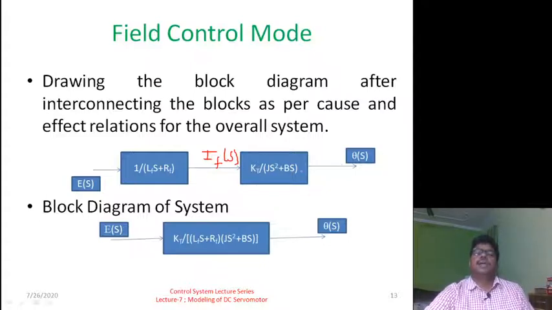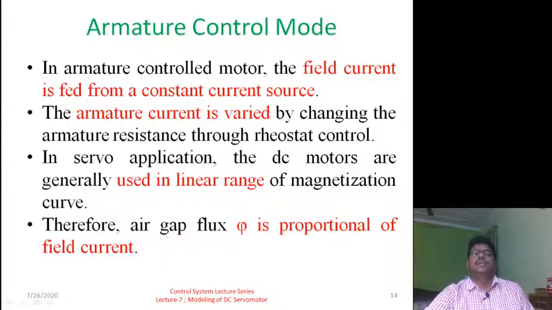So finally we can have only one block diagram since these two are cascaded. So output theta S upon Es will be equal to Kt upon LfS plus Rf, next in the next bracket JS square plus BS.